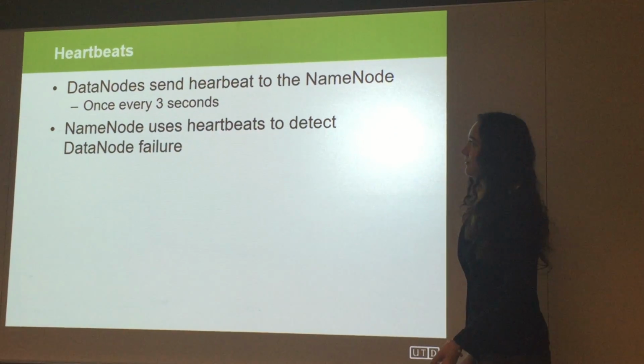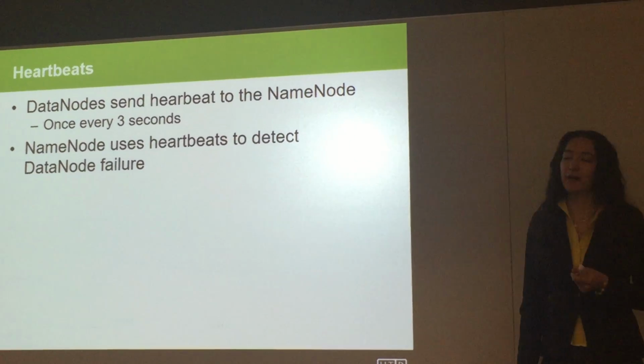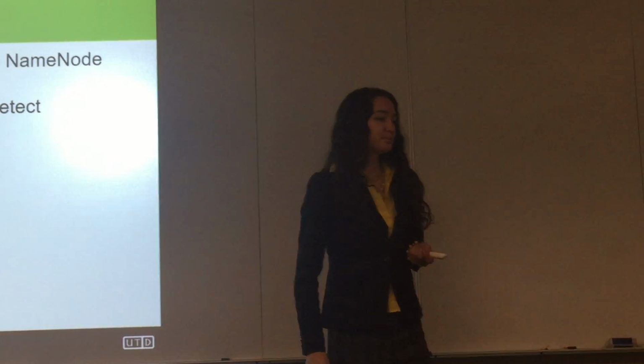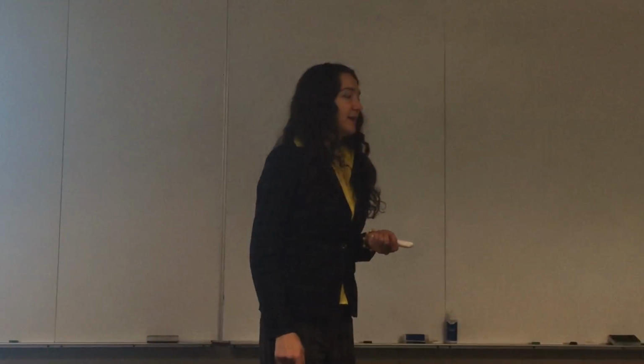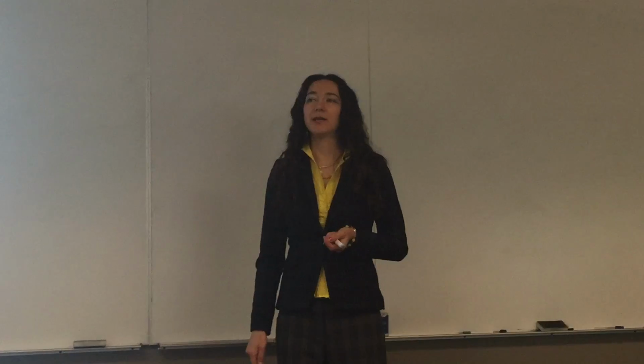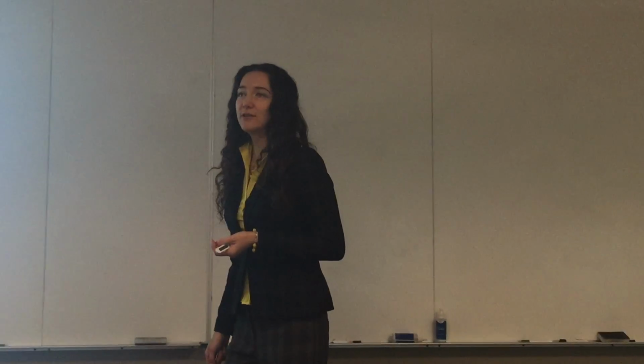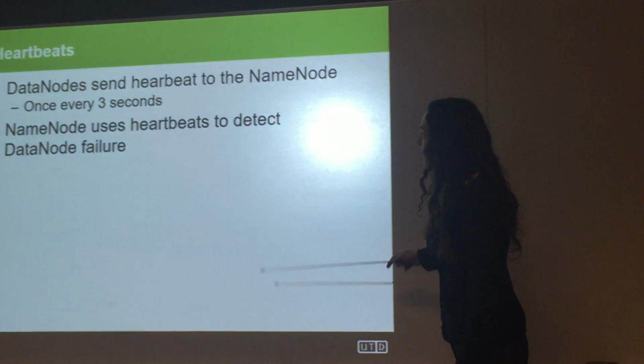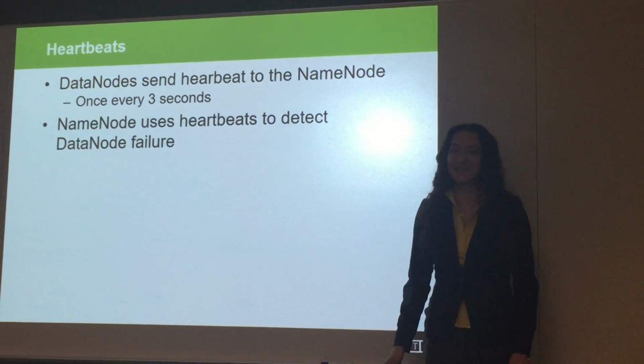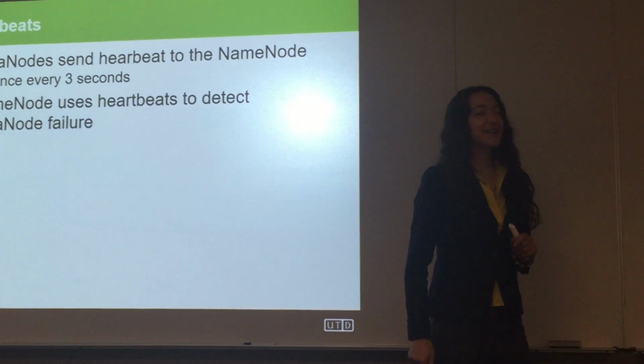This is called a heartbeat because pretty much like our heartbeats, every few seconds, the DataNodes will send their heartbeat to the main node, and if they don't, then the main node knows that they're dead. Their heart is not beating anymore, so they're gone.